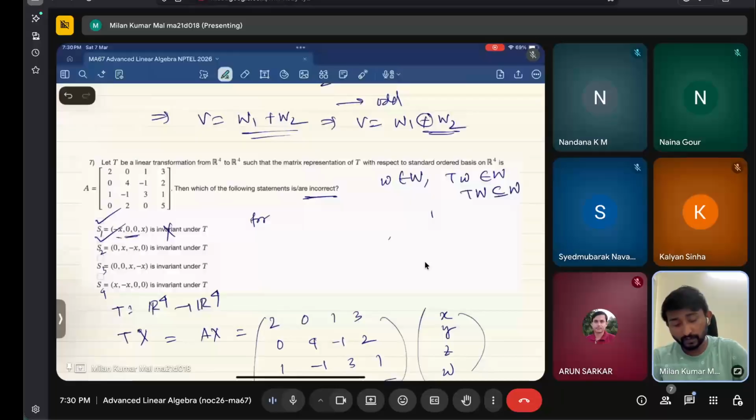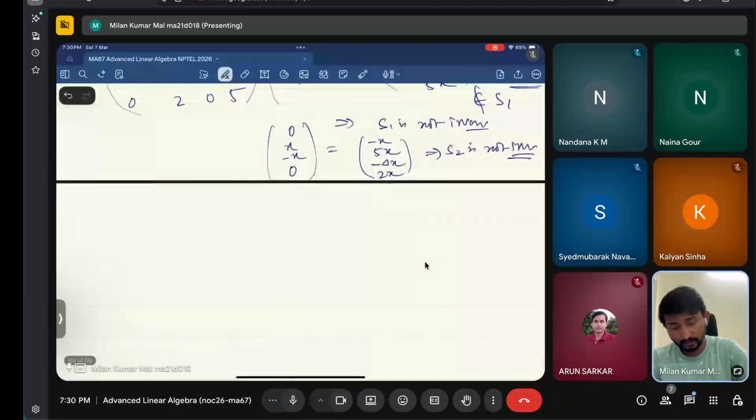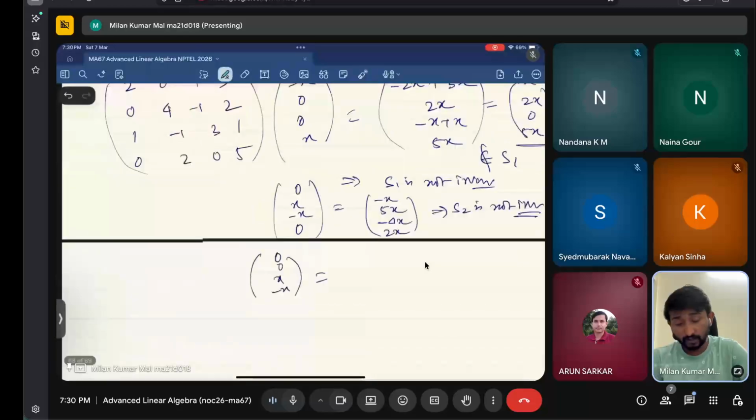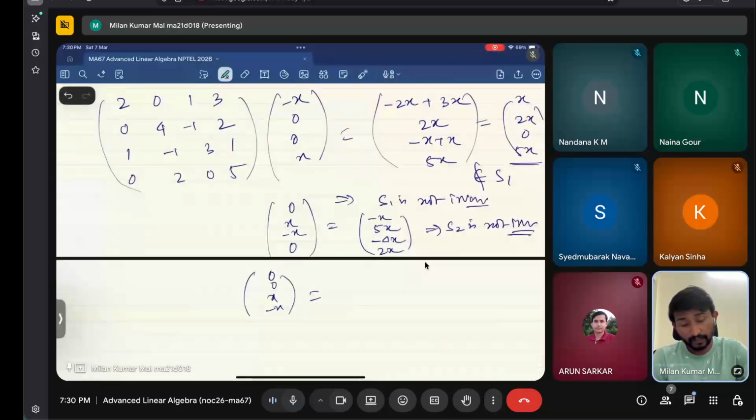Third option is 0 0 x minus x. So what will it be? It will be x minus 3x, that will be minus 2x, and next one is x minus x, minus 2x minus 3x, and 3x minus x, that is 2x, and last one is minus 5x.